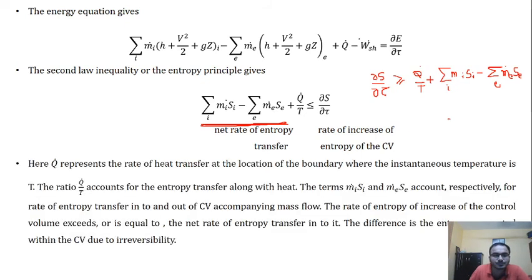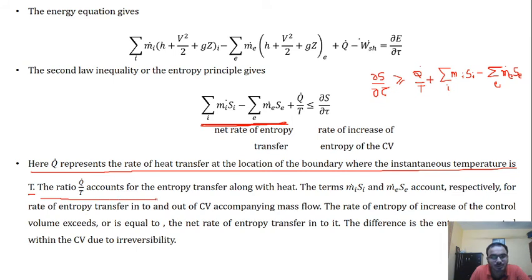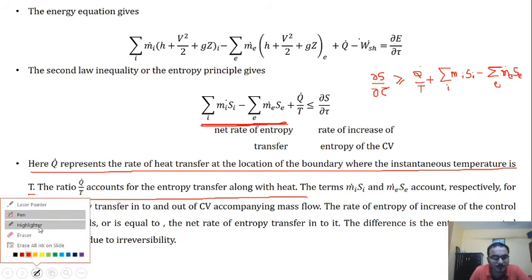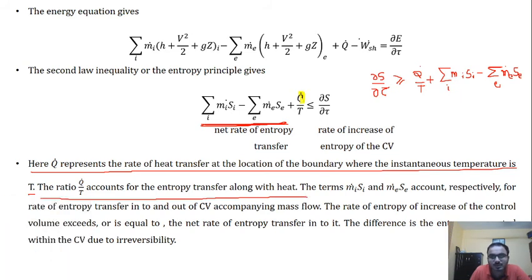Now here Q dot represents the rate of heat transfer at a location of the boundary where the instantaneous temperature is T. So this ratio, Q dot upon T, accounts for entropy transfer along with the heat. So this portion is the entropy transfer due to heat.